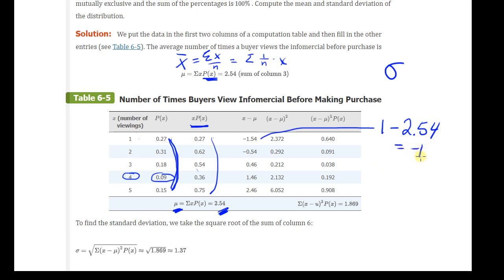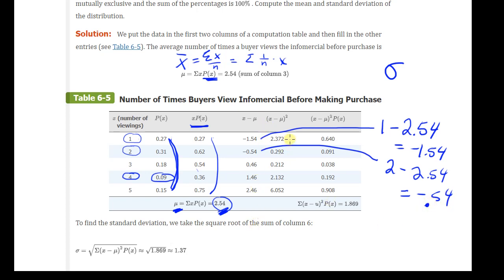Okay, this is negative 1.54. Okay, the next one is 2 minus, because it's the 2, right? So you take X and then you minus off the mean. So 2 minus 2.54 is negative 0.54, okay, etc.